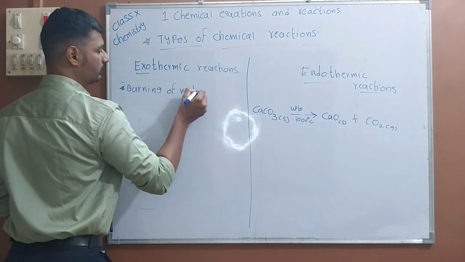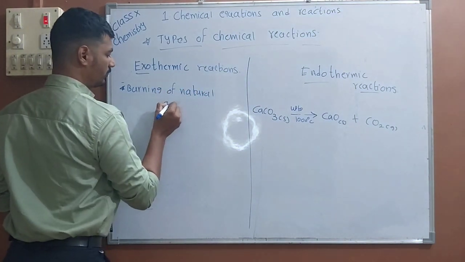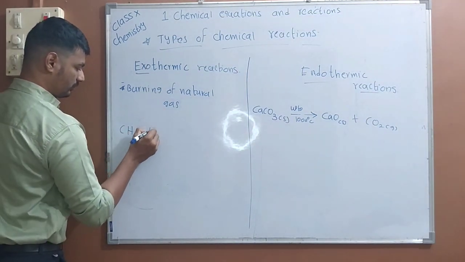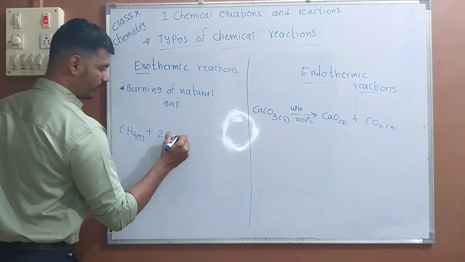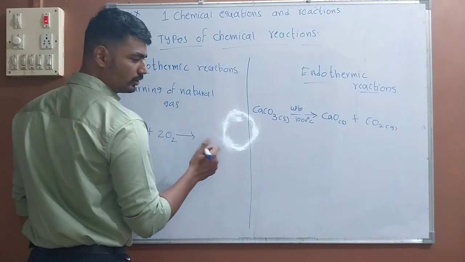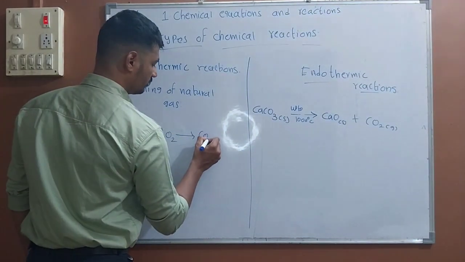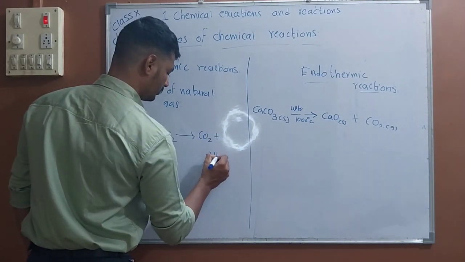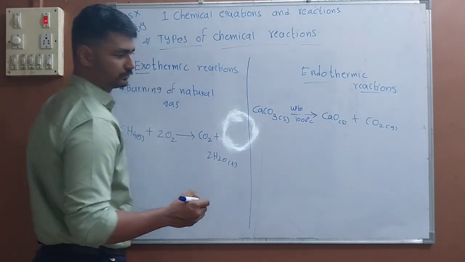Burning of natural gas, that is methane gas, CH4 plus 2O2. Now I am writing it in the balanced form to form CO2 plus 2H2O.